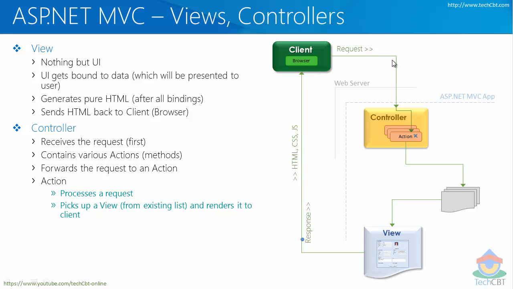So the request comes to the controller, and then the controller throws that request to an action, and the action processes the request, gets the data out of it, and picks a particular view. The view receives the data and binds all the data to the respective user interface components. It renders the view with all the user interface elements. As part of the rendering process, it generates the HTML, CSS, and JavaScript, and finally that entire HTML, CSS, and JavaScript will be sent to the browser.